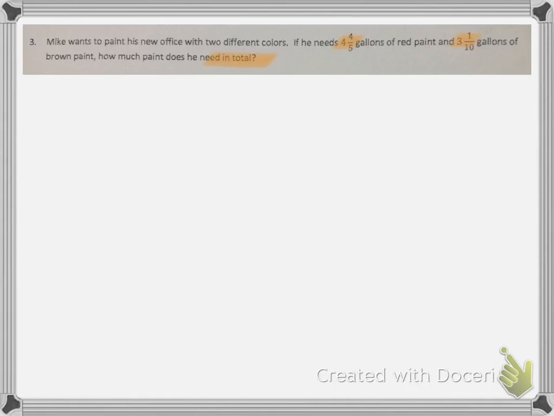So let me see here. Let me get a new color. And 4 4/5. Well, it's 4, and the 4/5 part is going to be the decimal, so I can put a decimal there.